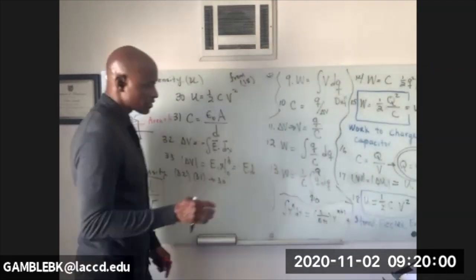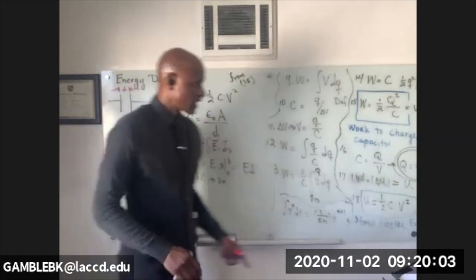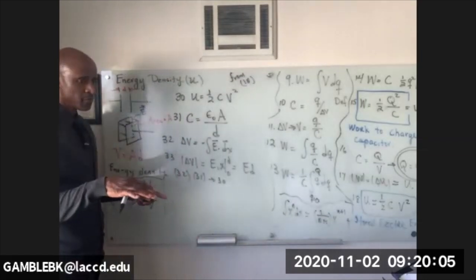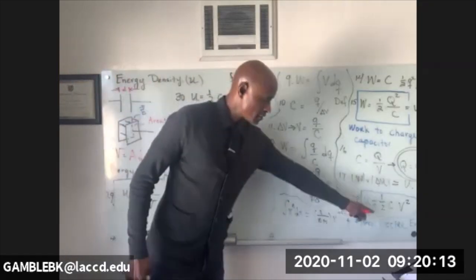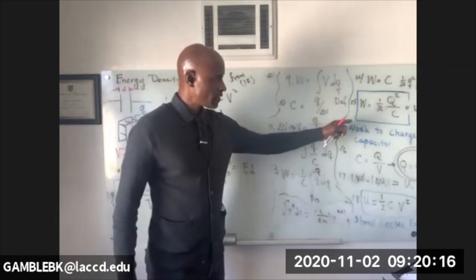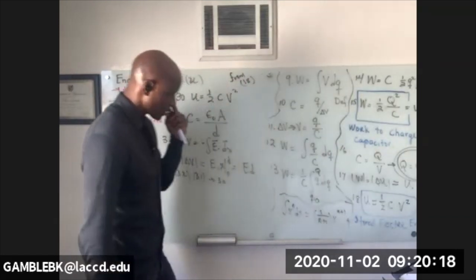Is that what you have? So fix this, and that's what that. So what did you say the last one was, Babatunde? It was 1/2 Q times V, right? Yes, 28. Yeah, 28 is 1/2 Q times V, 1/2 C times V squared, and 1/2 Q squared divided by C. Those are the three.